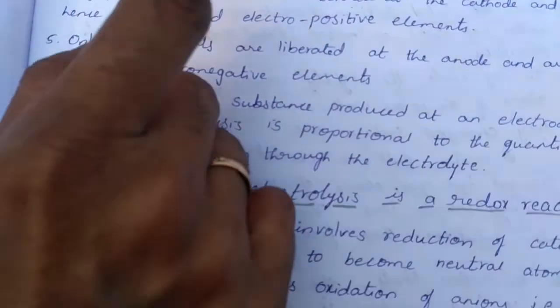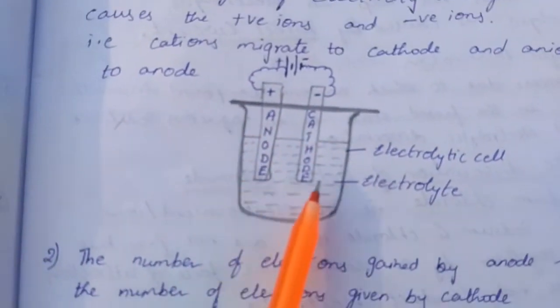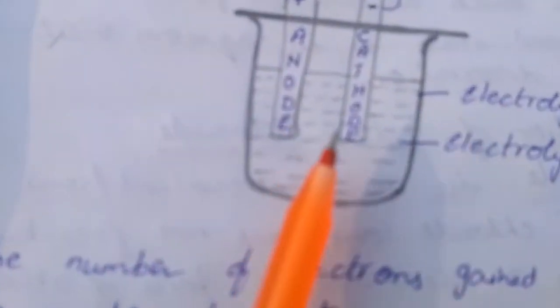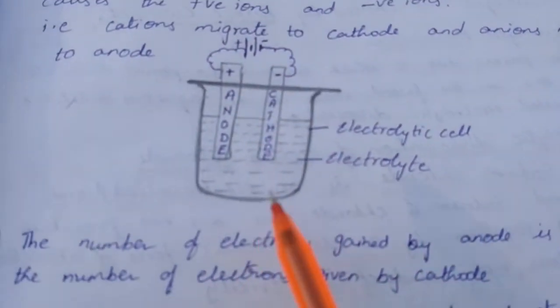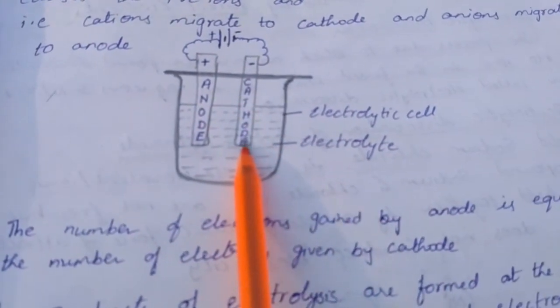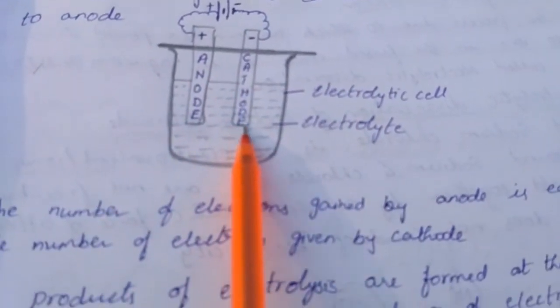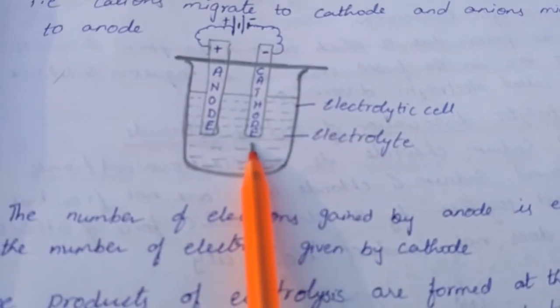Once again, see here this picture. Here, we have the anode and cathode. What is taking place at the cathode? At the cathode, understand, they are gaining electrons. If the cathode has cations, it will gain electrons to form a neutral substance.